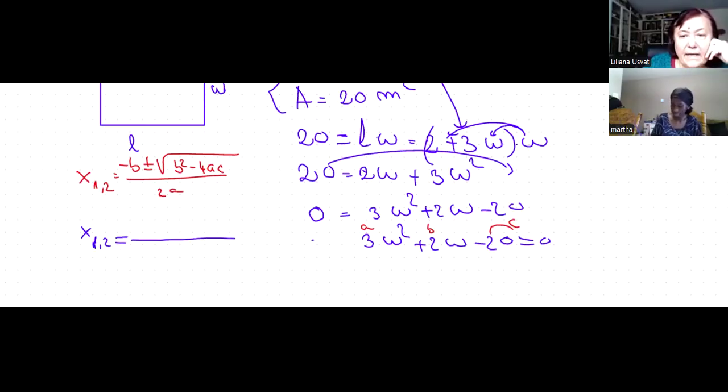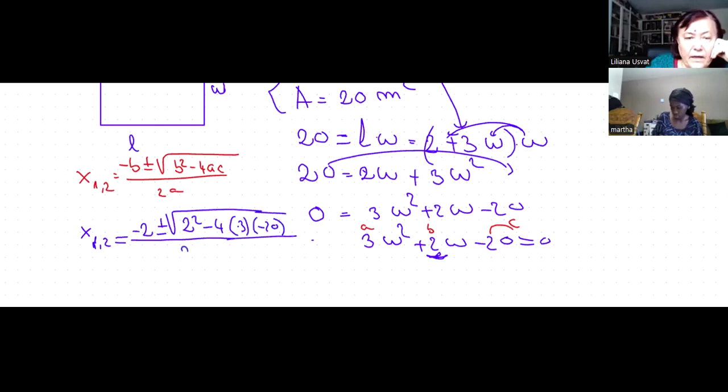So minus b, it's minus 2, plus minus square root of 2 squared minus 4 times 3 times minus 20, over 2 times 3 equal.